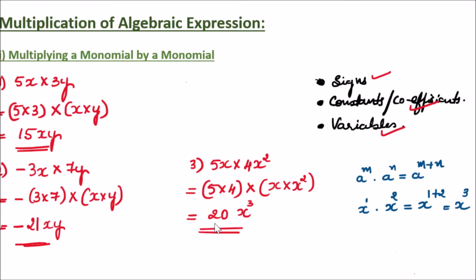In multiplication, when there are like terms, we add the powers, not the base. Only the powers are added, not multiplied. Some people will write 20 into x square only. Or if there is one more number, like x cube into x square, then what will they do?